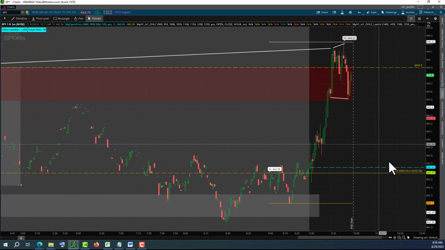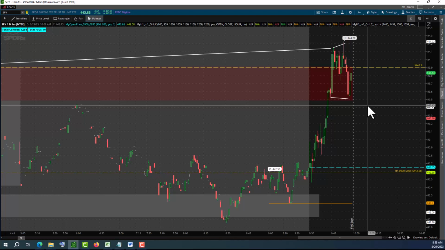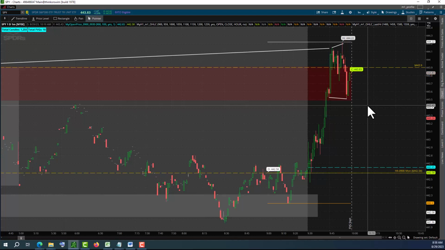As long as it's above the Monday candle at 9 right here, then we know it's bullish and is going to go up.